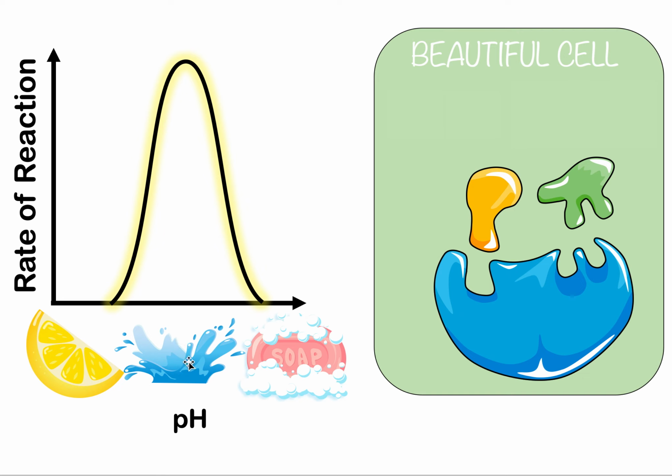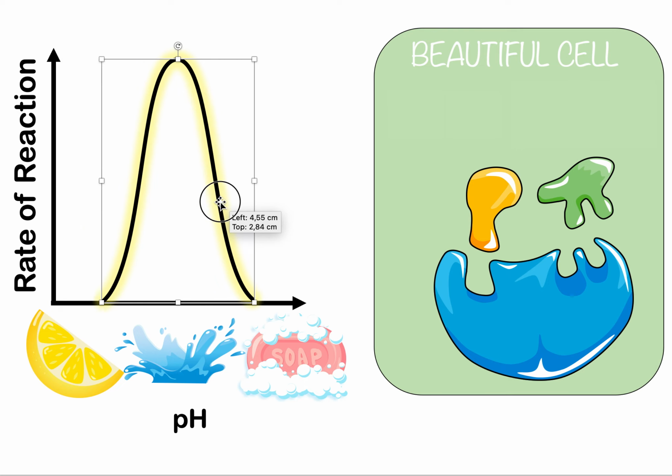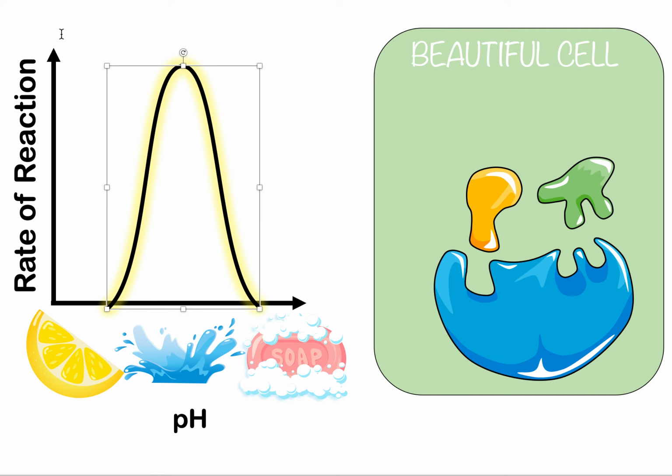At a specific pH, the rate of reaction is very high, but on either side of that pH, the rate of reaction decreases a lot. Now, interestingly, this curve can depend. It could be here, it could be here, it could be here. It depends on where the enzyme is. Okay, and I'm going to explain that further.